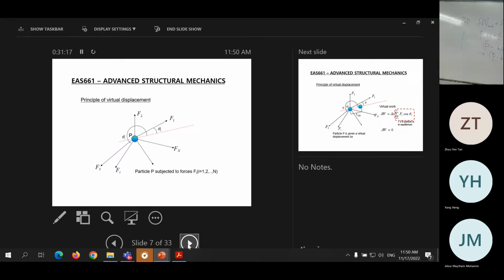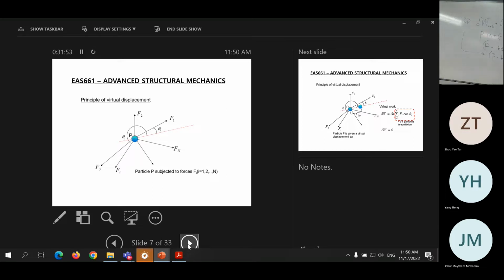Now, the principle says that if the structure or system is in equilibrium under a certain set of external loads, then if you give that system a virtual displacement, the virtual work done by all the loads applied on that system will be equal to 0. This is to prove that statement.